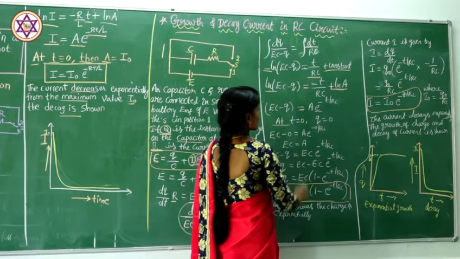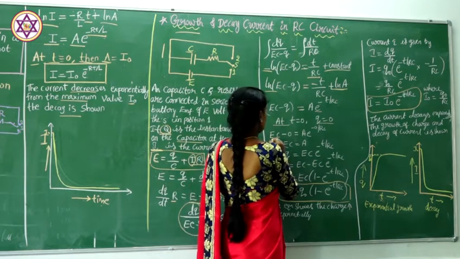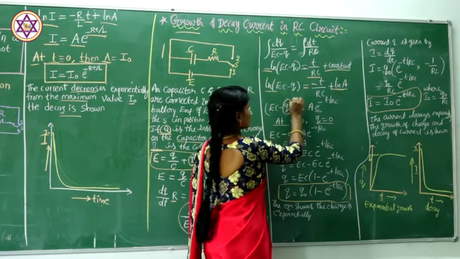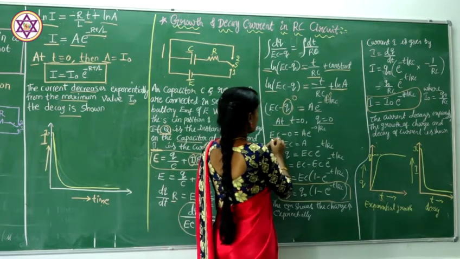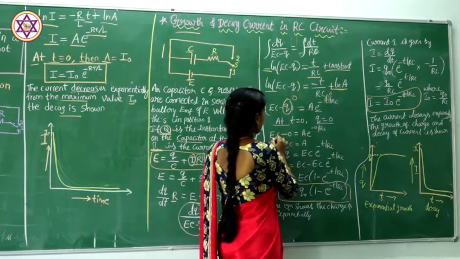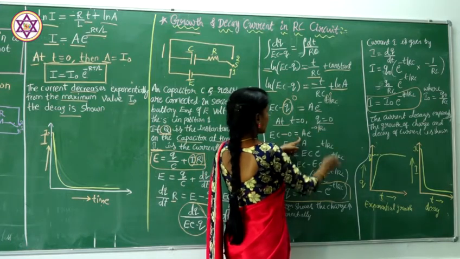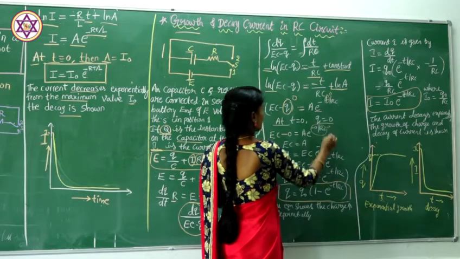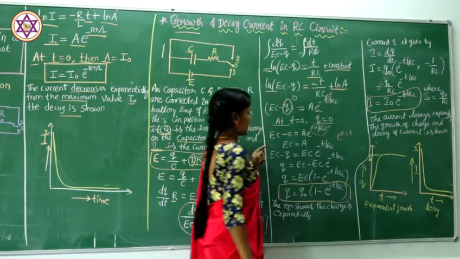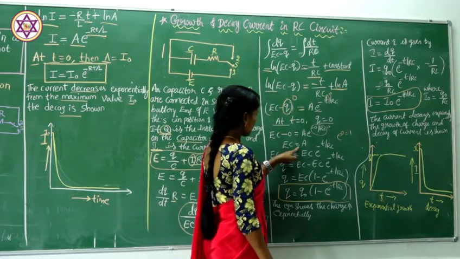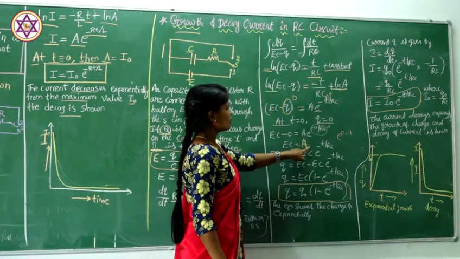At t equals 0, q equals 0, so EC minus 0 equals A times e to the power of 0. e to the power of 0 is nothing but 1. So, EC equals A.